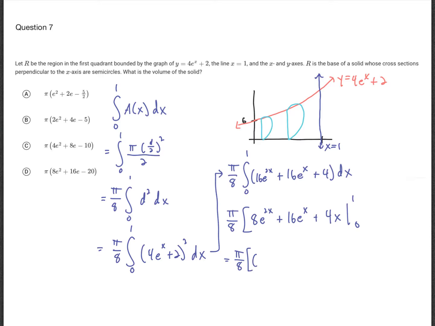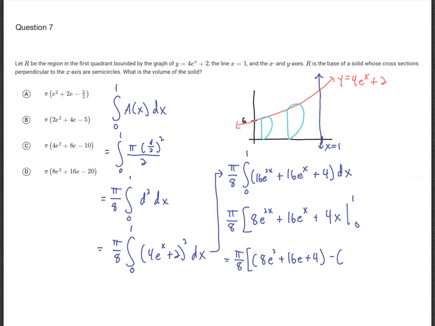Okay, so I'll plug in 1 into all these, so we'll get 8e squared plus 16e plus 4, so that's plugging in 1. And if you plug in 0, the 4x will go away, but these won't.